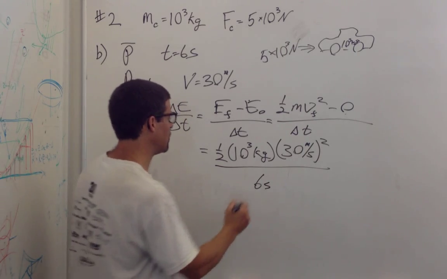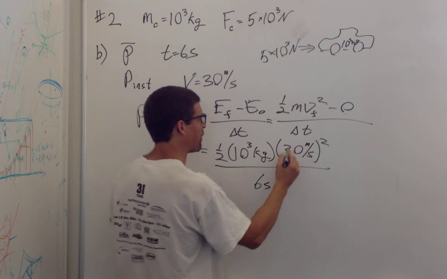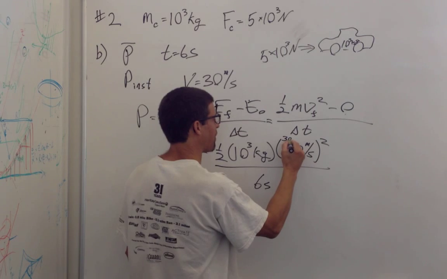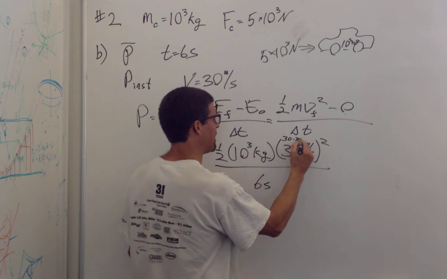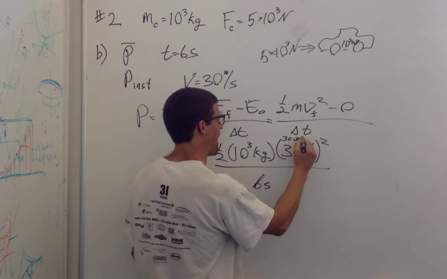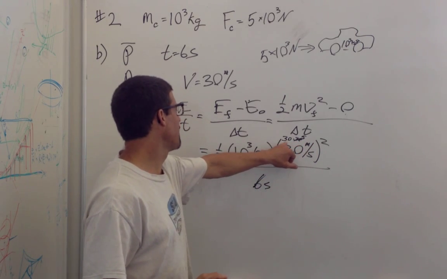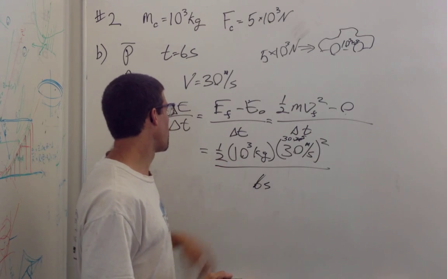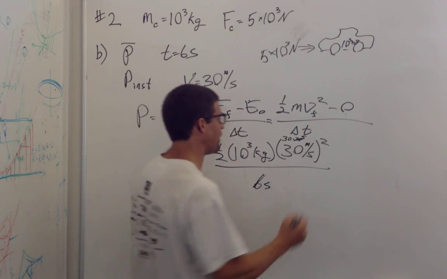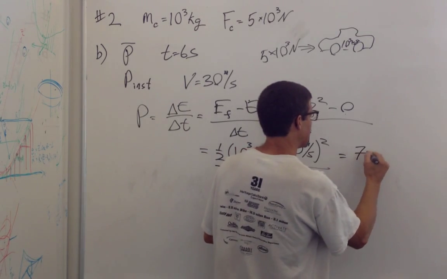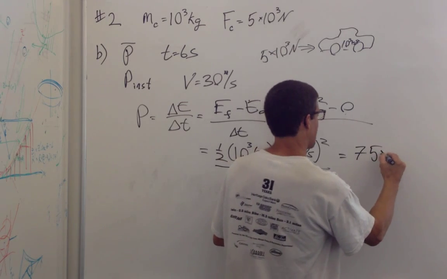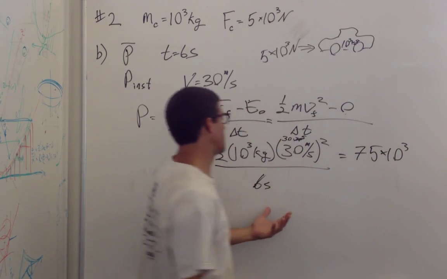And maybe what I want to do is cancel this with one of the 30s, so this will wind up being a 30 times a 30. This cancels, giving me a 5 here. And so I have 5 times 30 is 150, times 1/2 is 75 times 10 to the third, which is equal to 75 times 10 to the third watts.